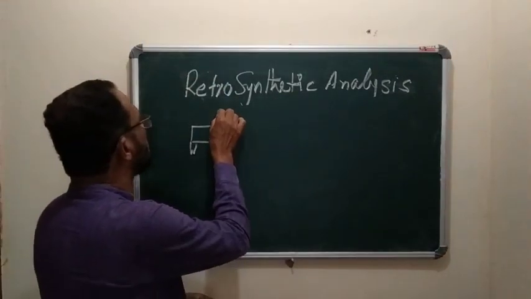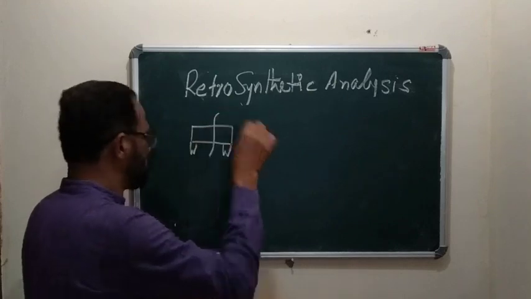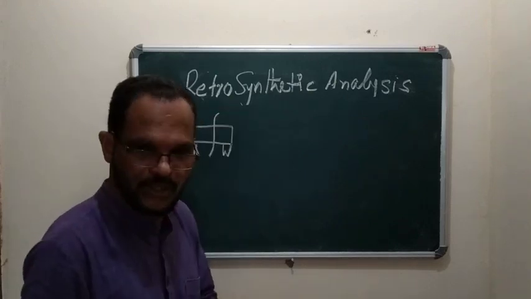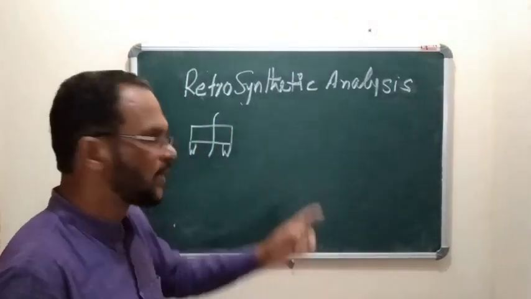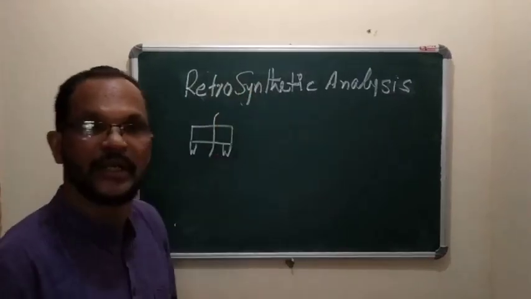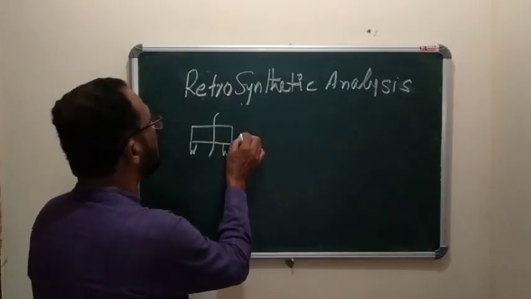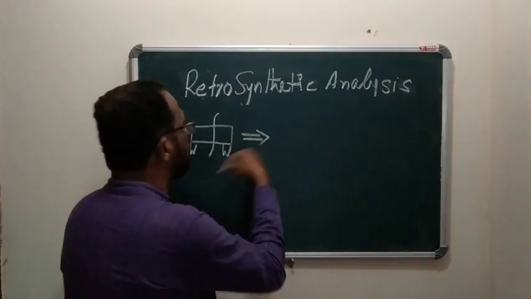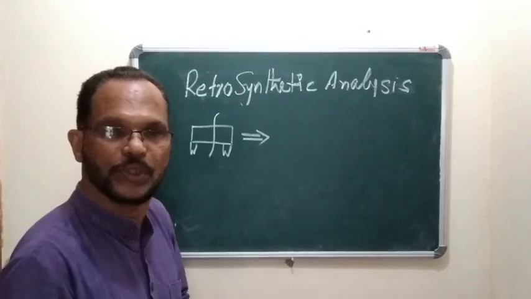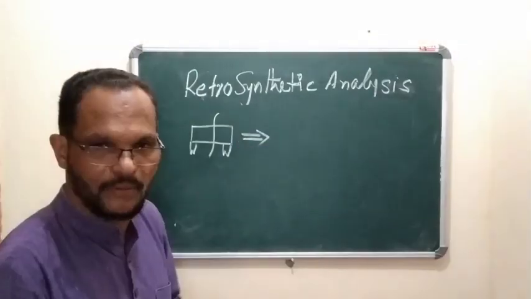Suppose we disconnect the bench, cleave the bench like this, and this is a sign used for disconnection in retrosynthetic analysis. This is the arrow that we use to represent the disconnection.